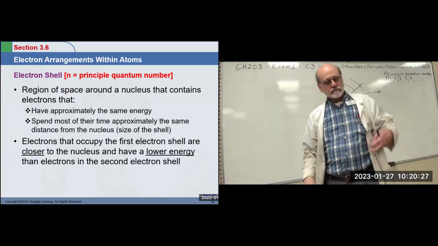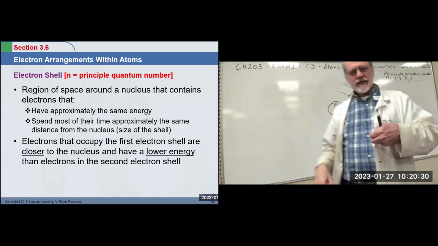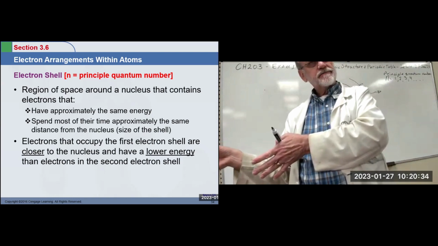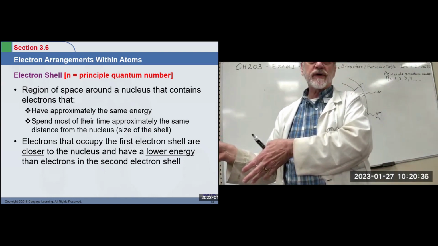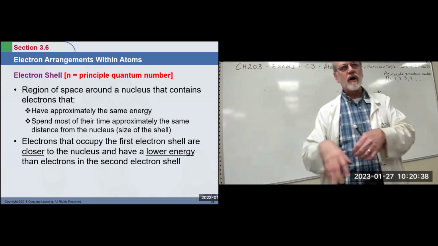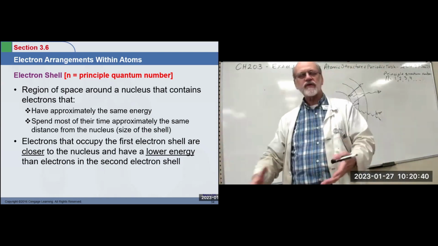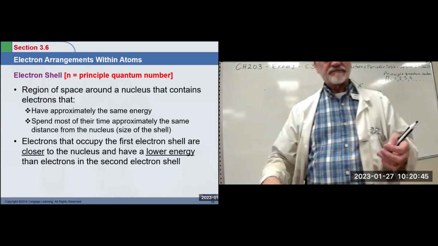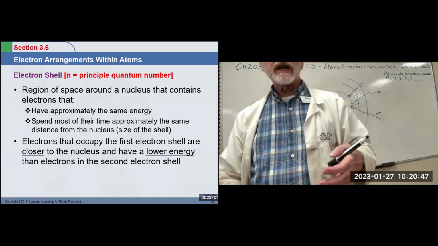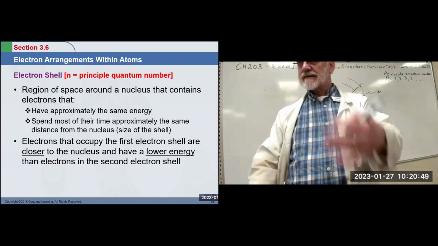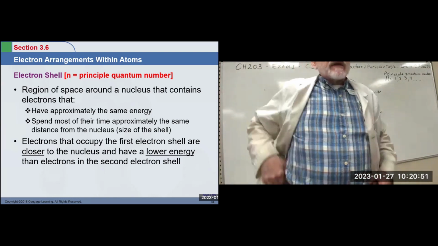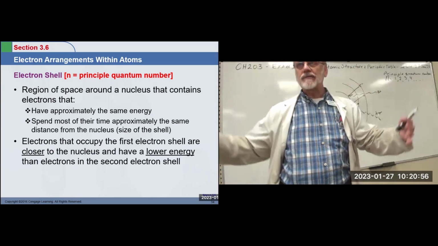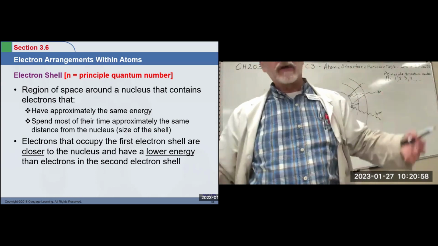And that is preserved in subsequent theories. So the next person to come along was Schrodinger. Schrodinger put a whole group of equations together. He was a mathematical genius. He put these equations together to describe the atom, and he needed more numbers in order to build bigger atoms with more protons and more electrons.